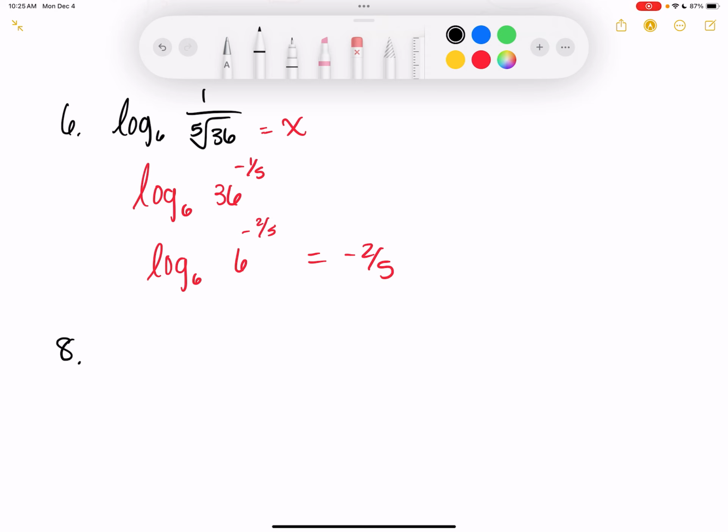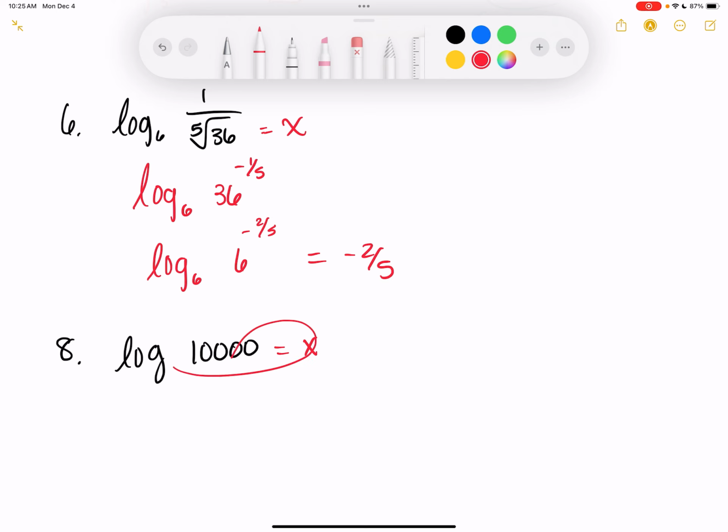All right, number 8. Log of 10,000. So what base is on this log? 10. Okay, it's an understood 10. So I've got this as equal to x. A couple different ways I can think about this.